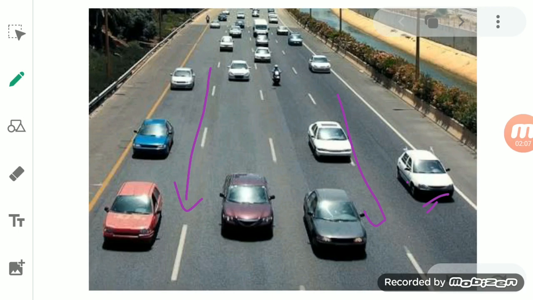But the wheels present in these automobiles rotate, and they show a different kind of motion, that is rotational motion. So here rectilinear motion as well as rotational motion, both motions are working simultaneously. This is the situation in which more than one type of motion is shown by the object, rectilinear as well as rotational motion.